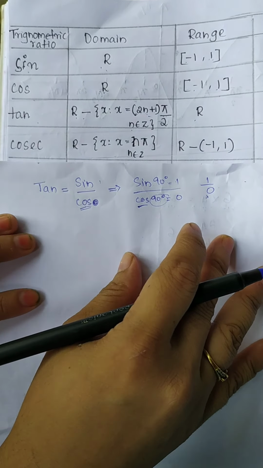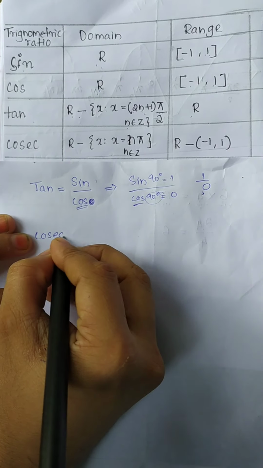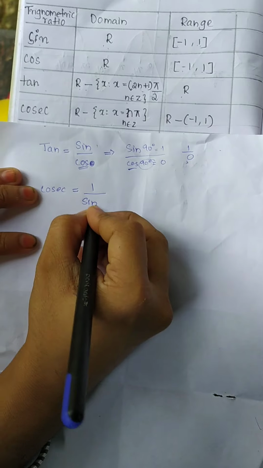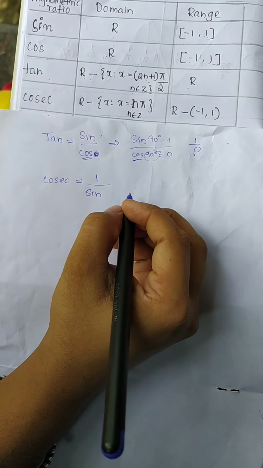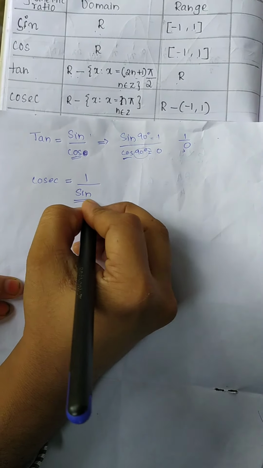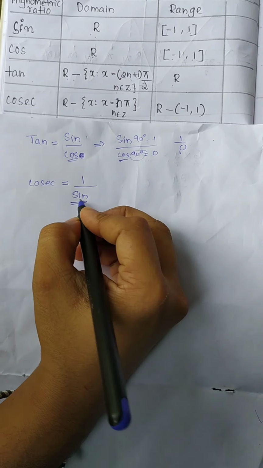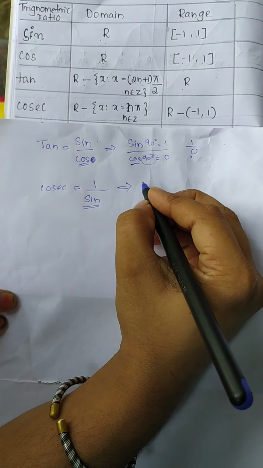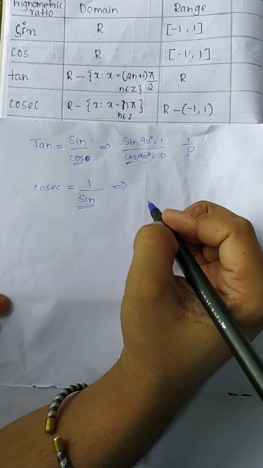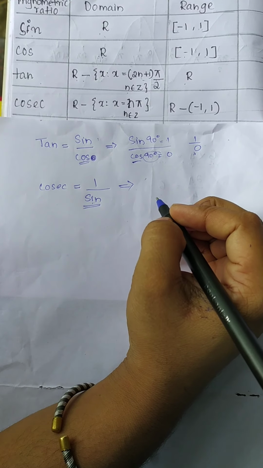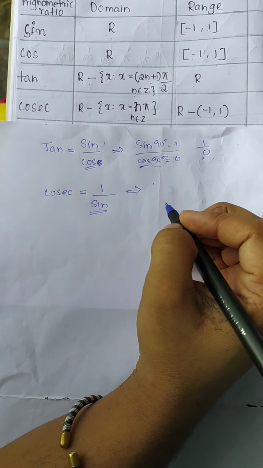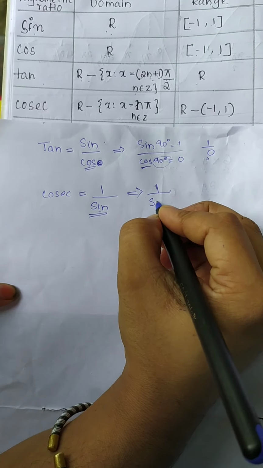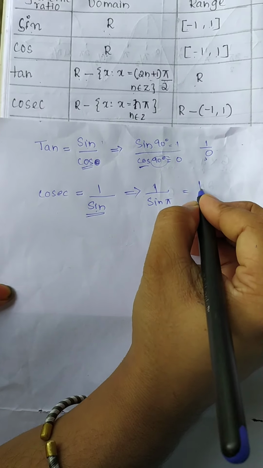Next is cosec. Cosec is the inverse of the sine function, that is 1 by sine. So here we have to find out when the sine function will be 0. That is sine 0, sine pi, sine minus pi. In that case 1 by sine pi is 1 by 0.